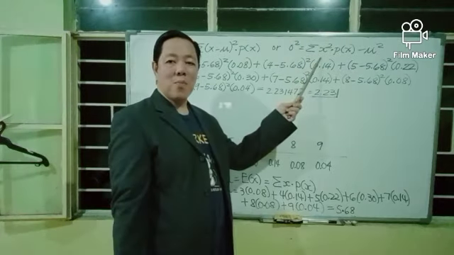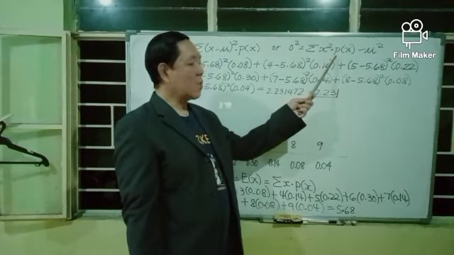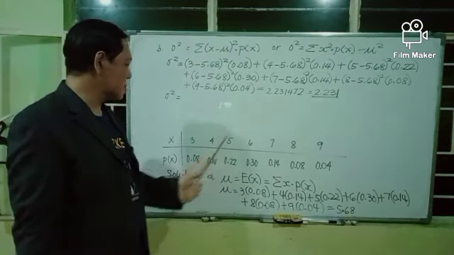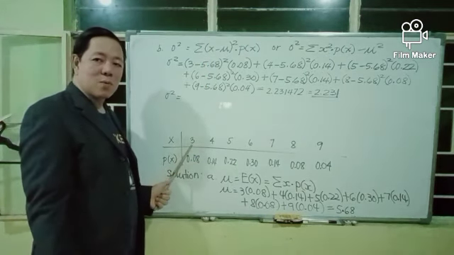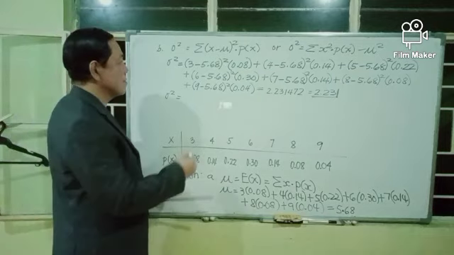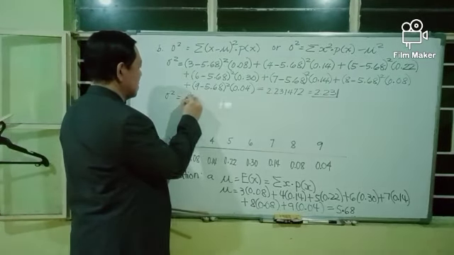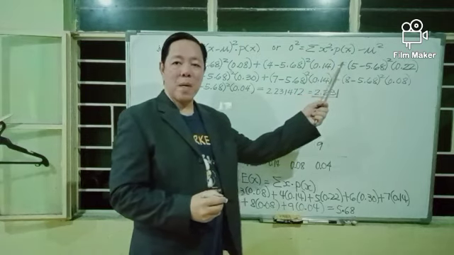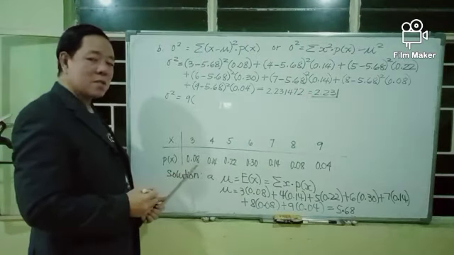We take the square of each x and multiply the square by the probability of x. We start with the first value of x. X is 3. 3 square is 9, multiplied by the probability of x, 0.08.